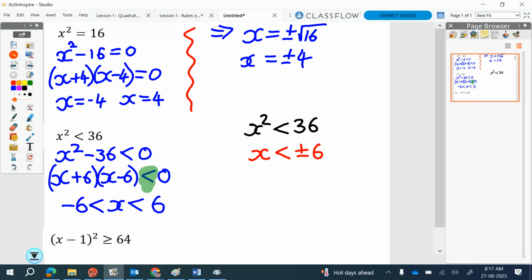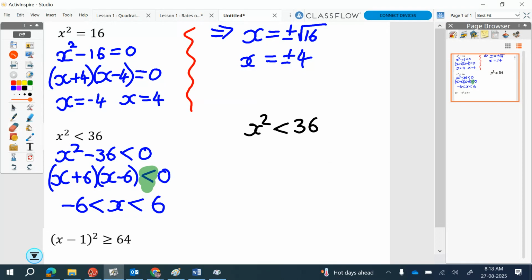This inequality, x is less than plus or minus 6, implies that x is only less than negative 6. The inequality x is less than 6 negates the inequality x is less than negative 6. It's wrong to do this. This is wrong. So how can we do it?